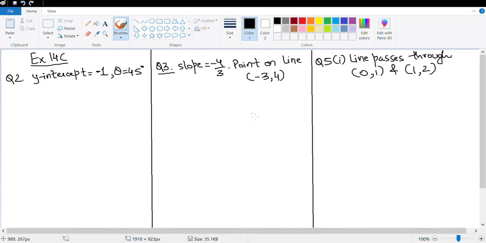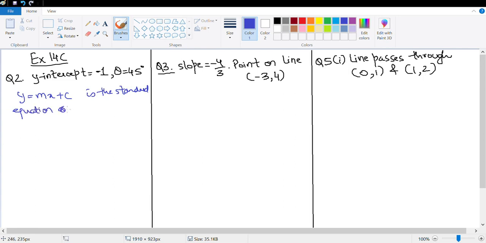So this brings me to 14C, question number 2. Find the equation of a line where the y-intercept is -1 and the inclination is 45 degrees. I know the formula y is equal to mx plus c is the standard equation of a line.